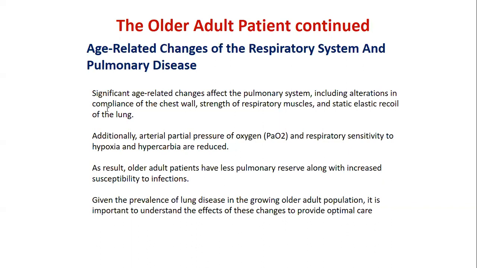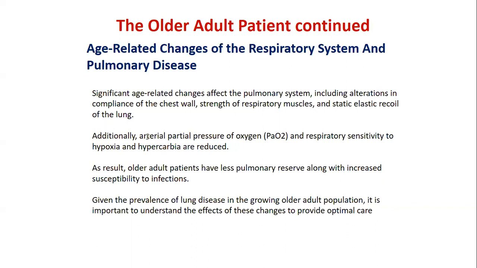We can see what changes take place, or we're going to talk about here, the effect of age on the lungs or the structural properties of the chest wall. We will go into the structural properties, function of the respiratory muscle, and structure of the lungs, right?